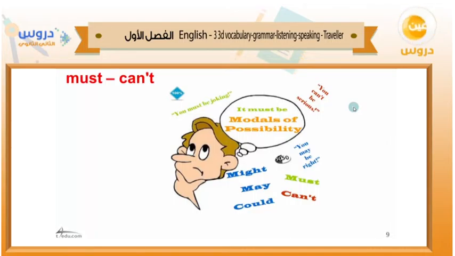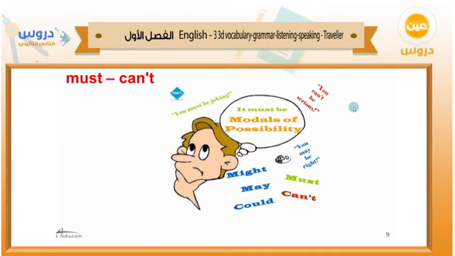Also, we use can't or must. These are also modal verbs of possibility, but we use them when you are almost 99% sure about something. You must take the medicine. There's no question about it. If you don't take the medicine, you die, or you get a lot of problems.